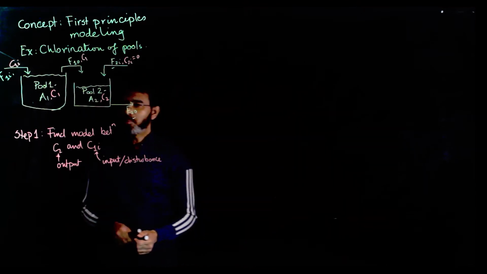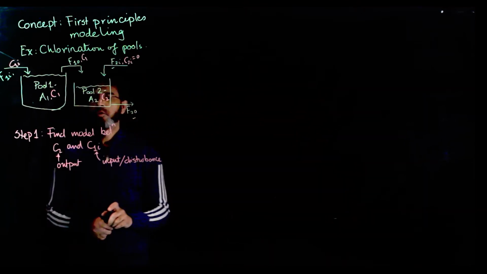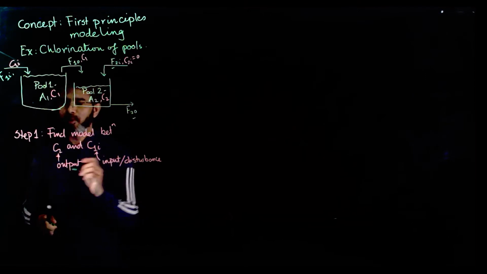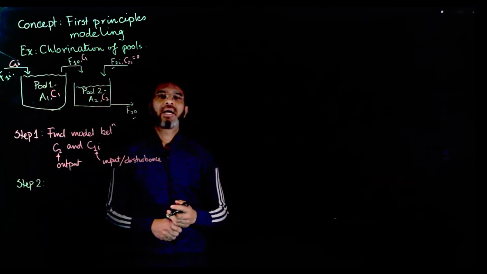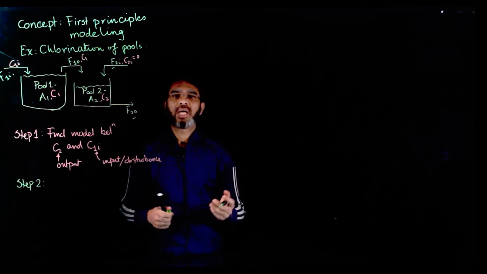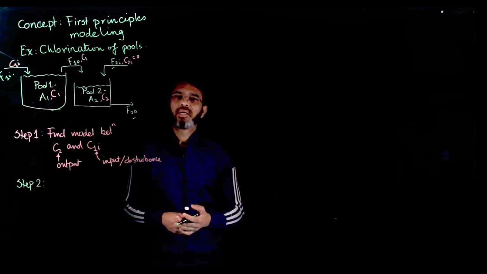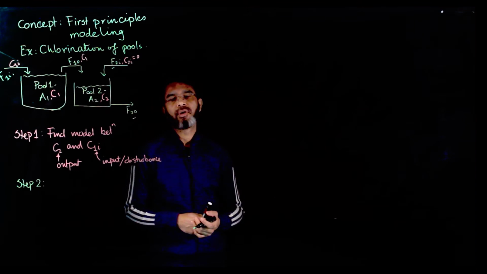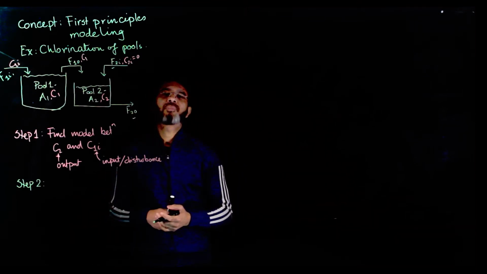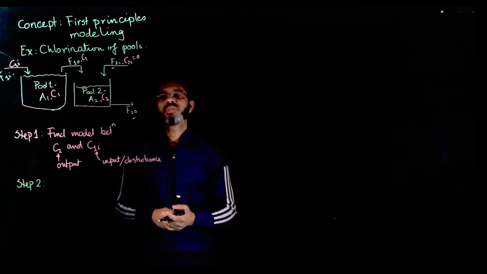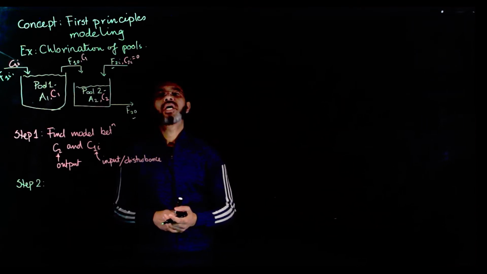Okay. Now step 2 will be gathering some information about the process. So for detailed modeling, we will need the process dimension, pool size, density, and other properties as well, fluid properties. But for the time being, let's concentrate on what's the process knowledge we need, which is how these two variables are related.